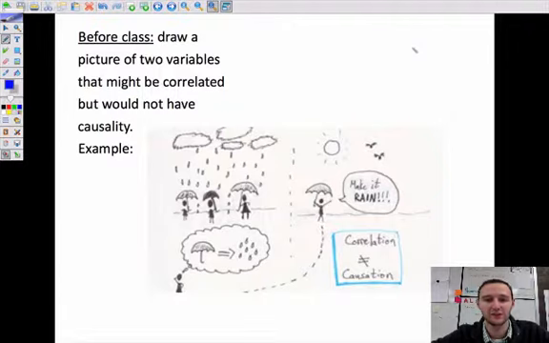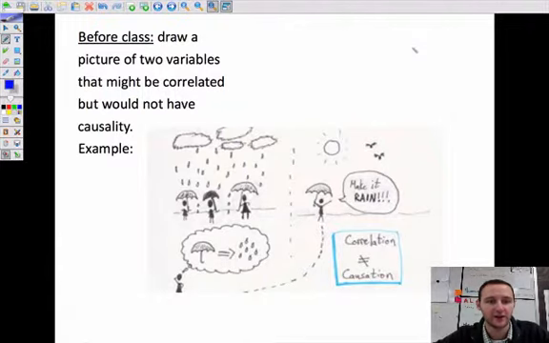So one of the things we're trying to get you to do is distinguish between the two, but also know that there's not always an exact answer. This is not for sure just a correlation or for sure just a causation. And so what you're trying to do is create an argument to back up your opinion. That's kind of what you'll be graded on for the test portion of this.